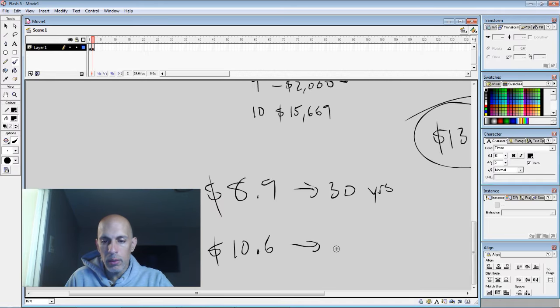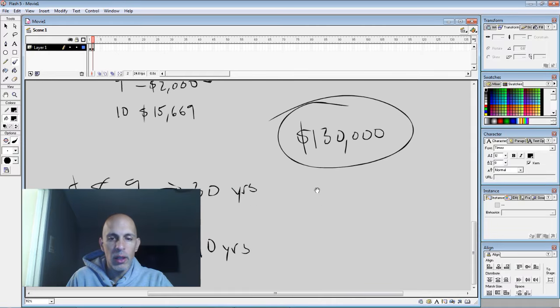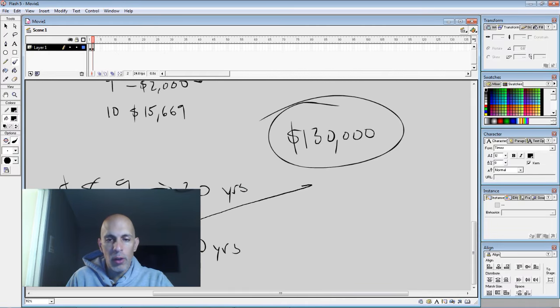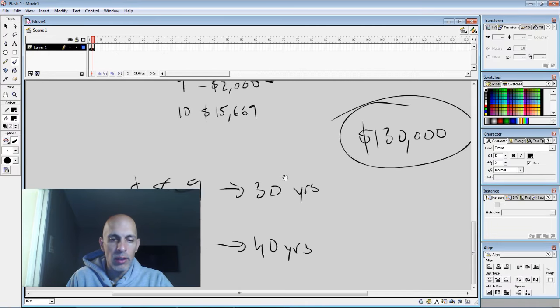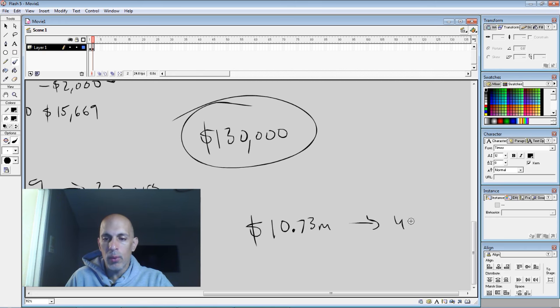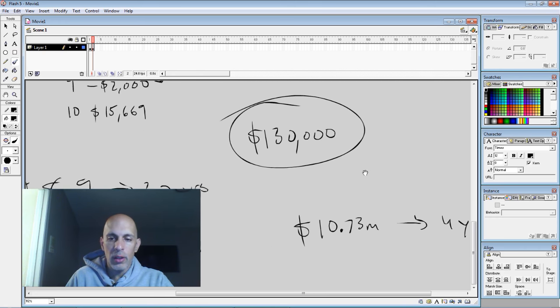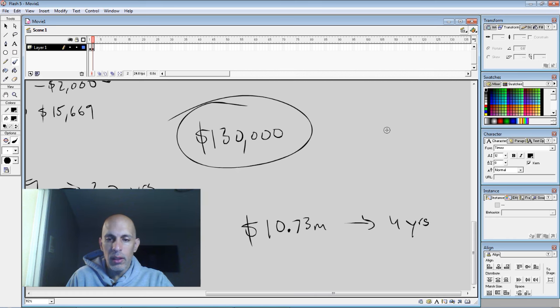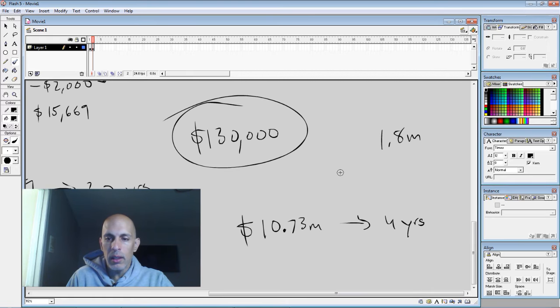In 40 years, because the new loan is also going to be 30-year loan, but then you're also going to add this $130,000 to it. So you're looking at roughly 10.73 million in 40 years. So you're looking at an additional 1.8 million in 10 years.